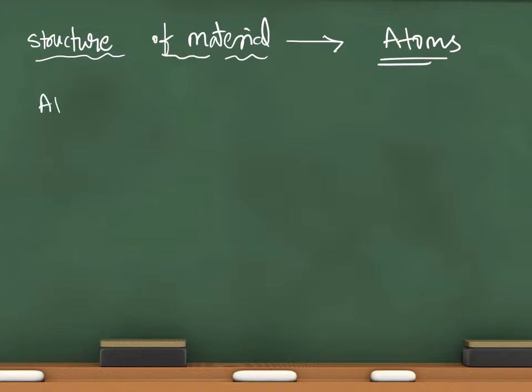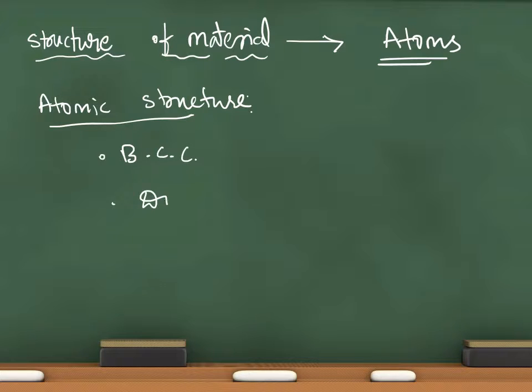Atomic structure is important. Atomic structures are like BCC, body centered cubic, like the diamond structure, and face centered cubic, and many other structures.